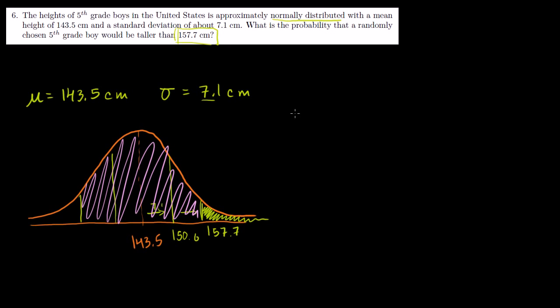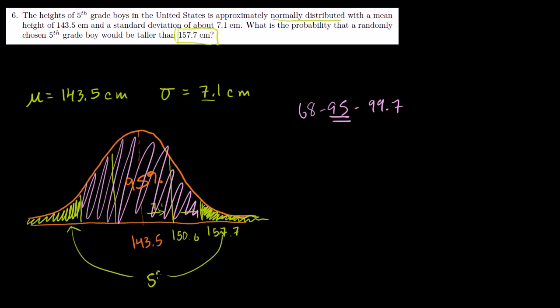The empirical rule, or even better, the 68-95-99.7 rule tells us that this area, because it's within 2 standard deviations, is 95% or 0.95 of the area under the normal distribution, which tells us that what's left over, this tail that we care about and this left tail right here, has to make up the rest of it, or 5%. So those two combined have to be 5%.